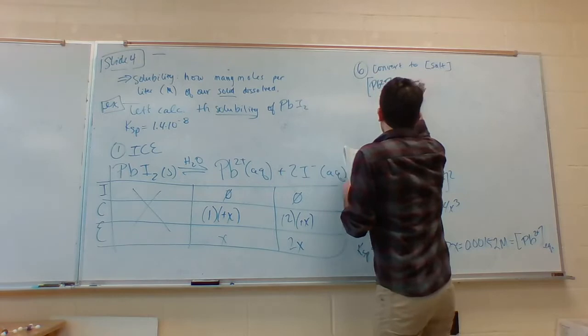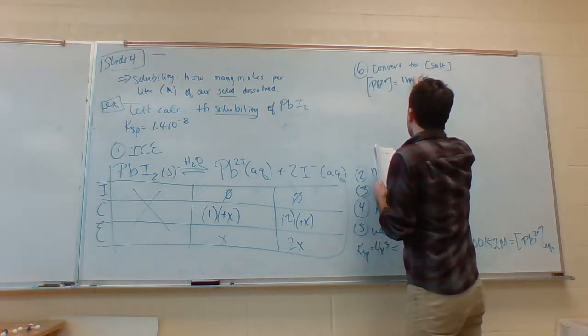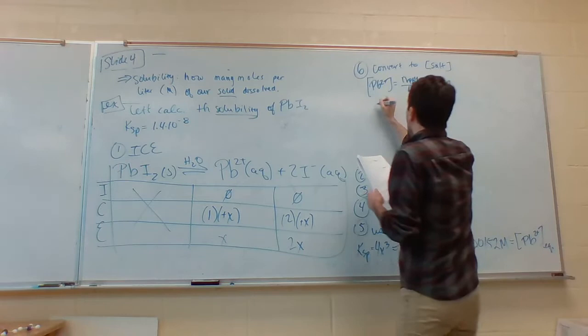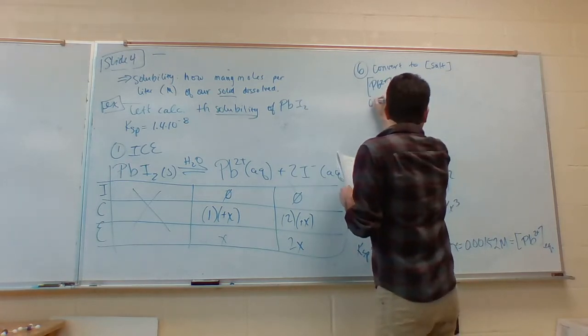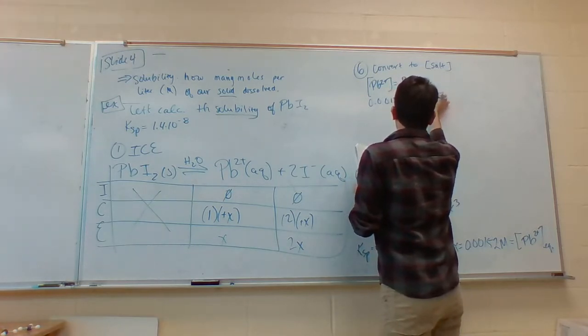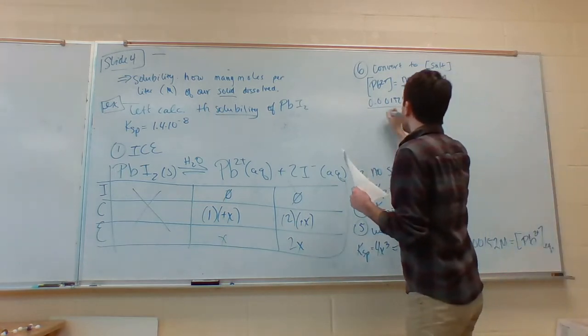Our concentration of Pb2+ is moles of Pb2+ per liter, so I can take 0.00152 moles of Pb2+ per 1 liter.